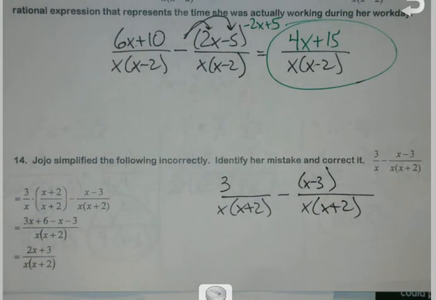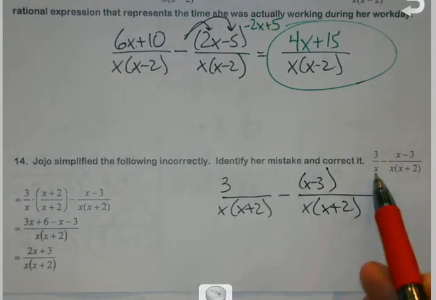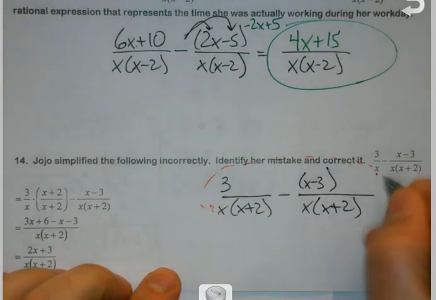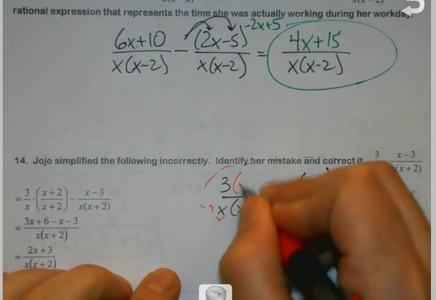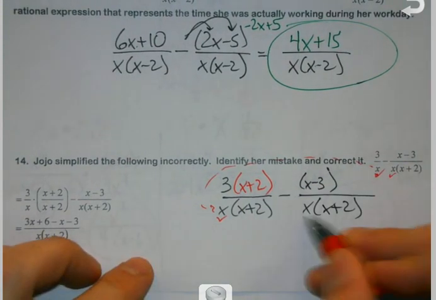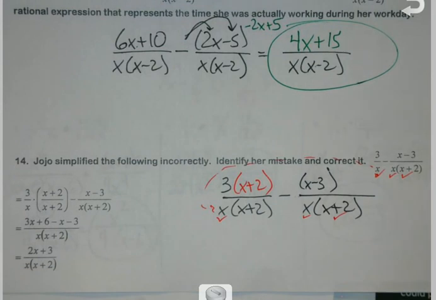So let's see here. Oh, common denominator of x. Check. I need the x plus 2. Okay. And then my second one, I got everything. Thank goodness, something went easy for once. But Rena just nailed it right on the head. The big thing here again, remember, distribute the negative.